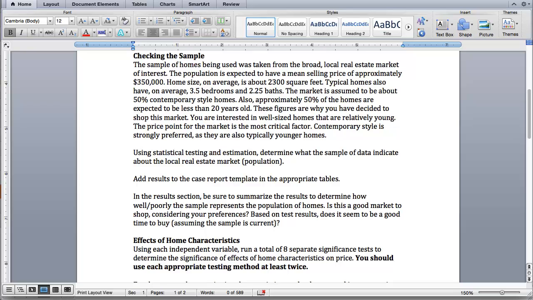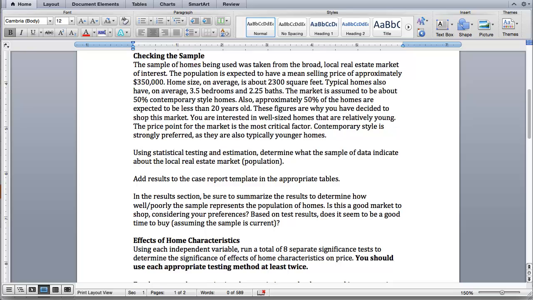Now, this works really well with something like characteristics of a home, because in a particular neighborhood, the square feet average wouldn't change a lot over time, nor would bedrooms or bathrooms, or the different types or ages of homes.